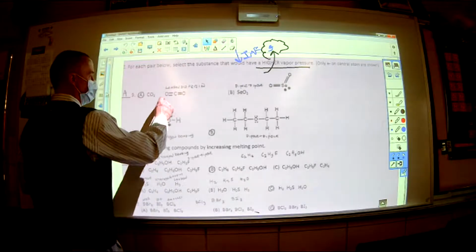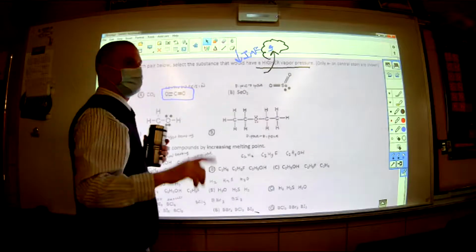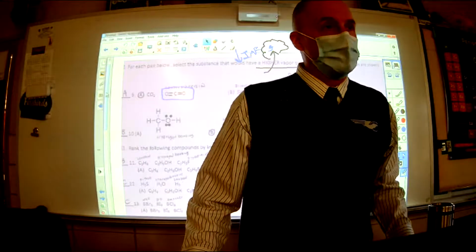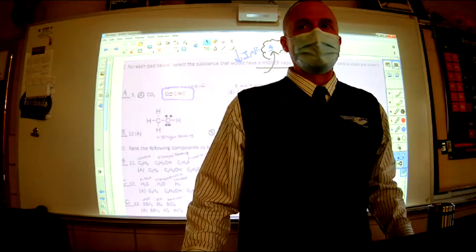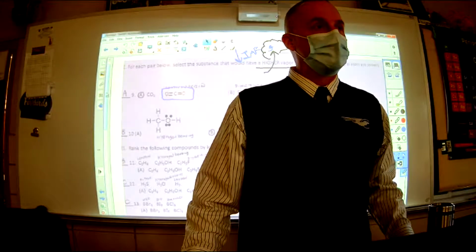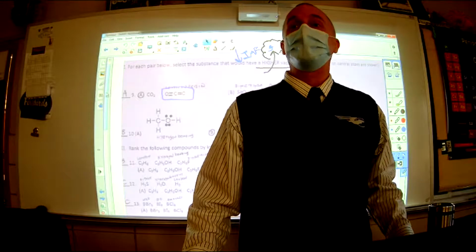Look at this molecule right here. They didn't draw it completely. You will notice, and I kind of did this on purpose, as you proceed further in chemistry that they will often leave the lone pairs off of the terminal atoms. Why? Because they're lazy.